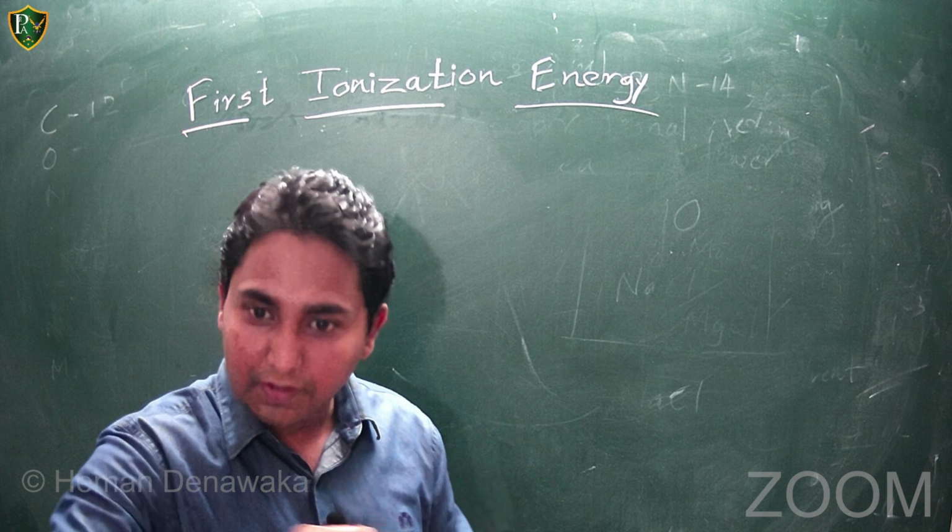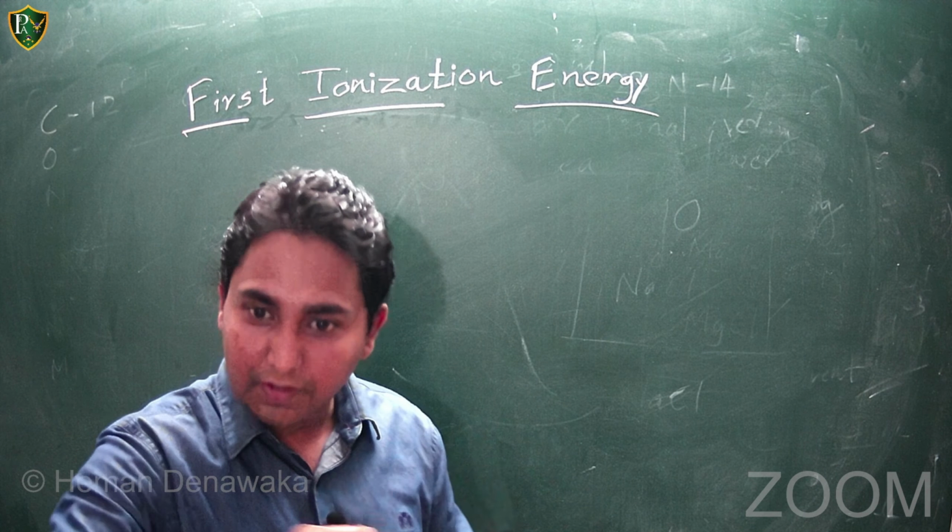After boron, again the first ionization energy rises. After boron it's carbon, it will rise, and after carbon again it will rise until nitrogen. Once it hits nitrogen, there's a slight decrease when it comes to oxygen.